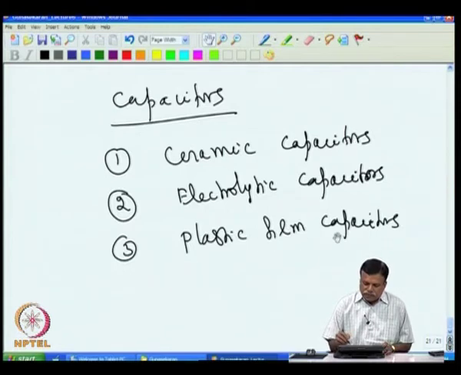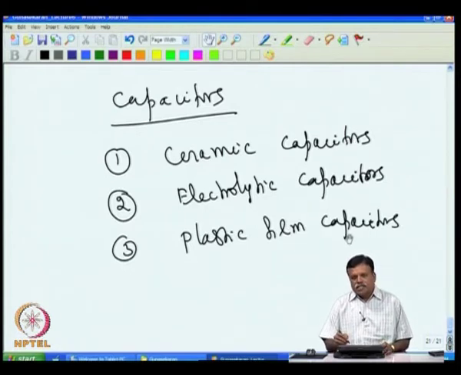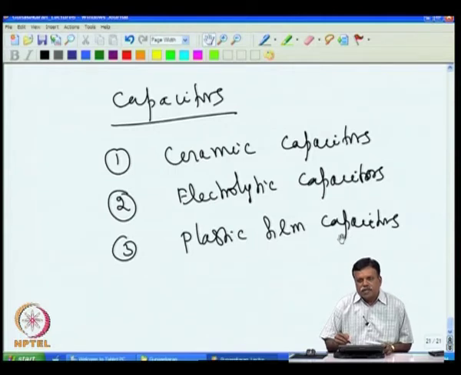In plastic film capacitors, various plastics, for example polycarbonate and polypropylene, are used as dielectrics. Now, if we see their properties, the dielectrics of ceramic capacitors have very large drift due to temperature.